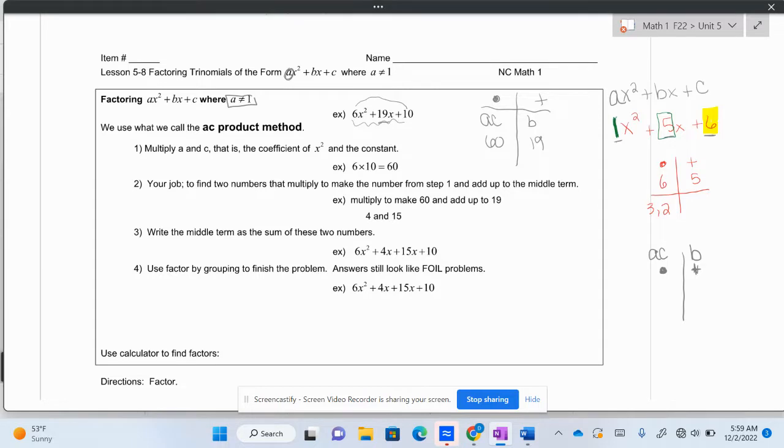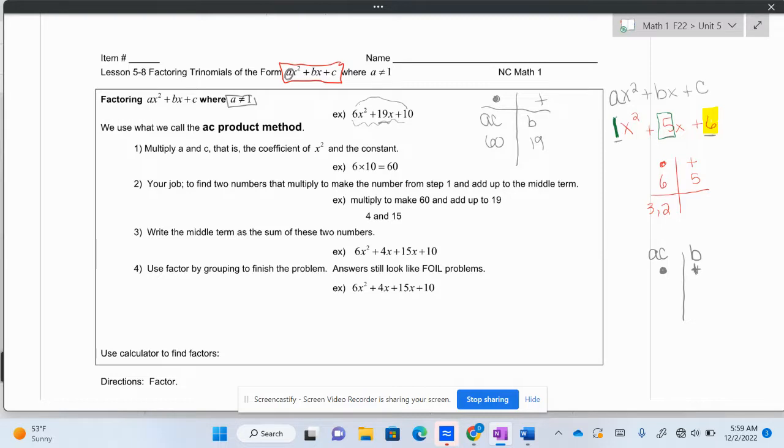So I just want to show you again that, remember, a trinomial is written in the form ax squared plus bx plus c. A, b, and c are just integers. Think about when we put things in standard form. They're just coefficients. A and b are just coefficients attached to the variables.